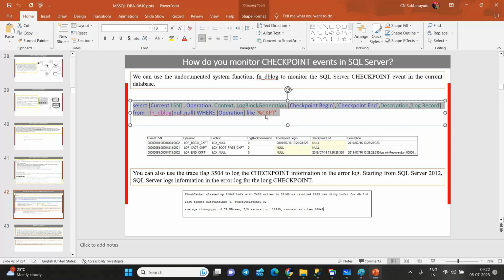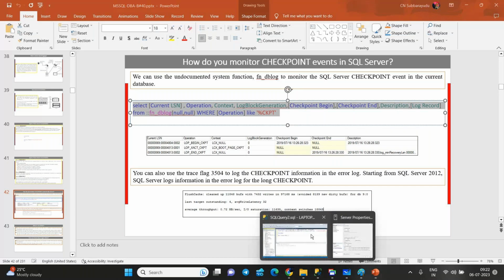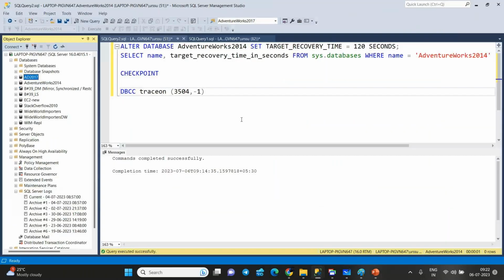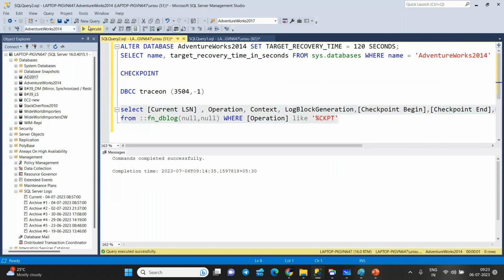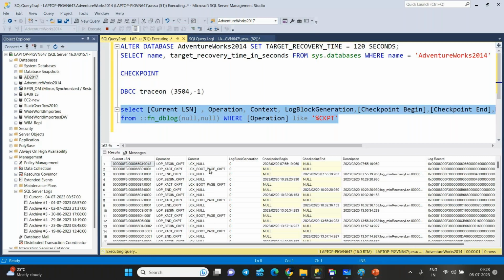You will get the checkpoint trigger time. When is your checkpoint trigger time? You can read the log file to see it. And every time a checkpoint triggers, it will write the information in the boot page.